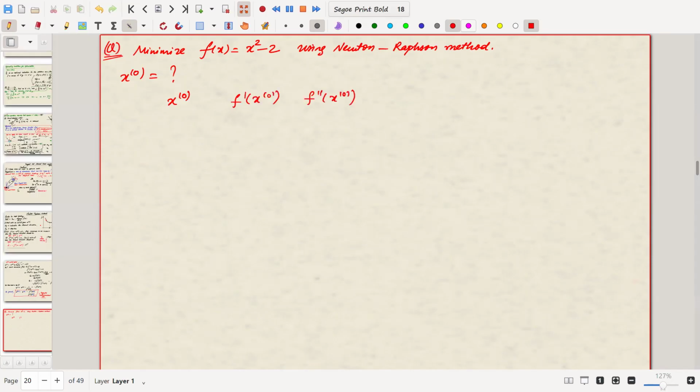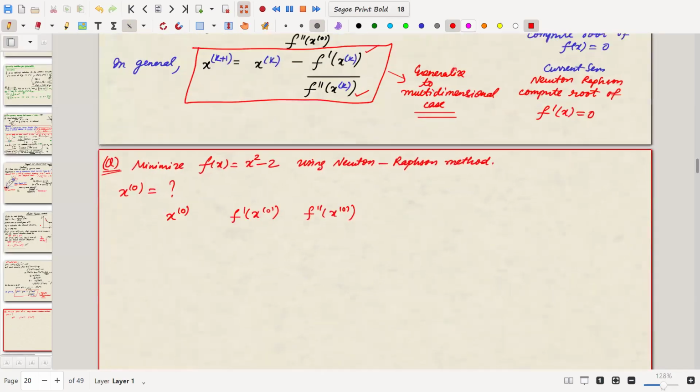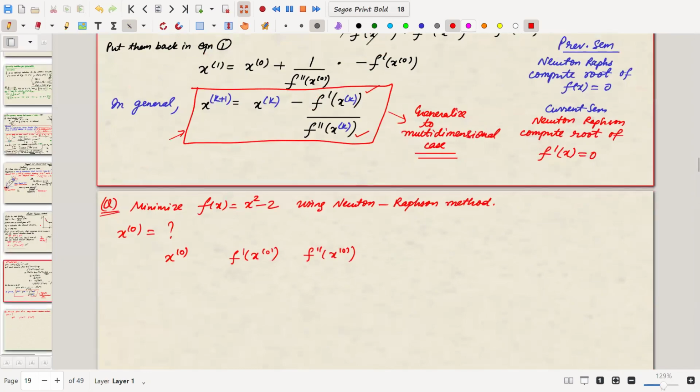What are the values? Make a table, and this will give you an idea what should be x1. You know already from the previous case that you can compute x k plus 1 like this. So do a few iterations and let me know where your x is converging to. That will be the optimal solution to this f x.